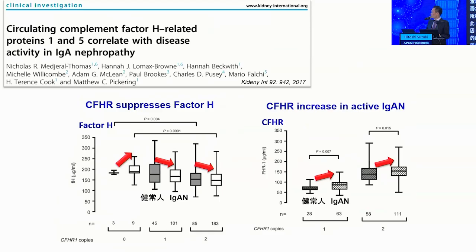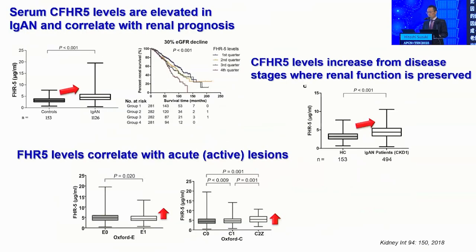I'm sorry, this is in Japanese. This is the control. CFHR increases in IgA nephropathy patients, and in the active cases of IgA nephropathy it shows a higher level of CFHR. Serum CFHR5 levels are elevated in IgA nephropathy and correlate with renal prognosis.